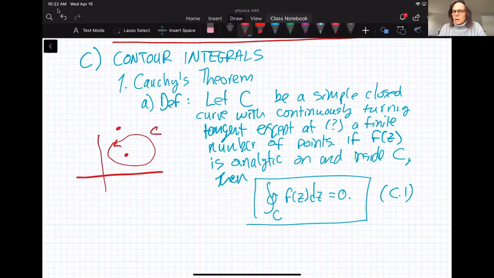In other words, the curve doesn't cross. This is a straightforward way of understanding simply connected. I'm sure there are better ways of doing it in topology, but this is the way that I learned it. So if you can shrink it down without passing part of it, it's simply connected. Okay.